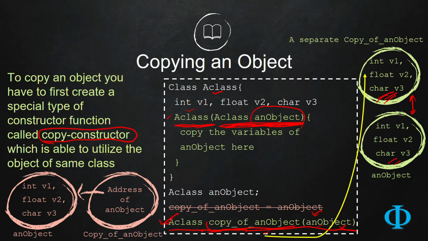You will learn more about the copy constructor concept and the language specific syntax in the language specific courses in future. But in this course, I just wanted to give you the idea that making a separate copy of an object is significantly different from making a separate copy of a normal identifier, variable, or constant. And you have to use a special type of constructor called copy constructor to do that.